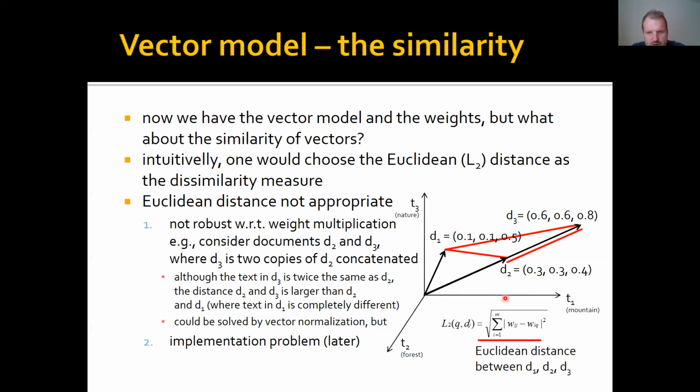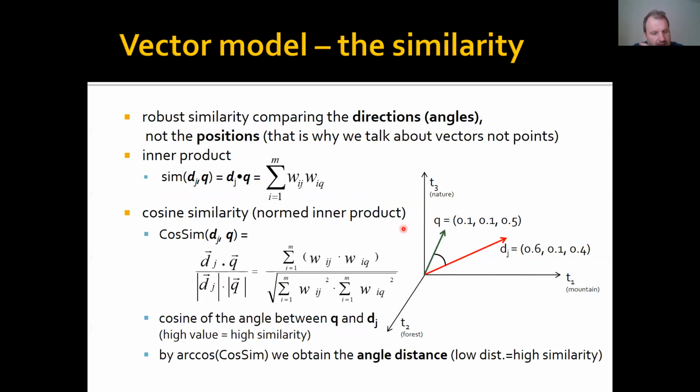Okay, so for the angle computation, we have two ways to compute basically the angle, or a measure that is equivalent in the sense of searching with angle. One is the inner product, the scalar product, right? It's just the multiplication of all the pairs of components in the two vectors and their sum.